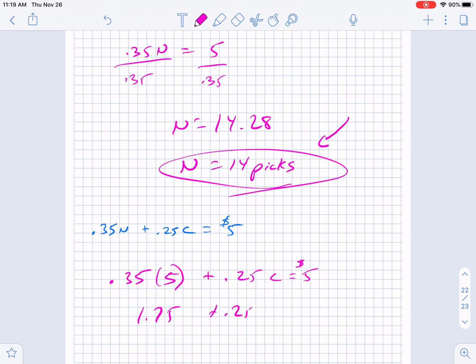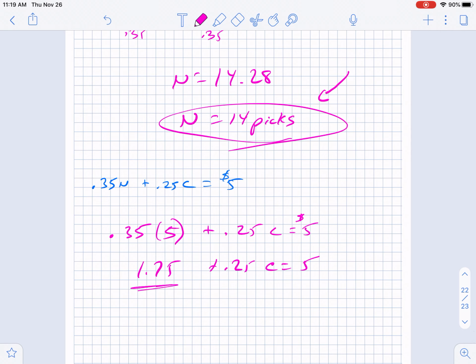Plus 0.25c equals 5. So I plugged in a random number for the n, and I'll get some number for c. And the reason why I said it worked out perfect is because this right here is in quarters, and this is also in quarters. So it'll work out to a perfect $5. So I do 5 minus 1.75.